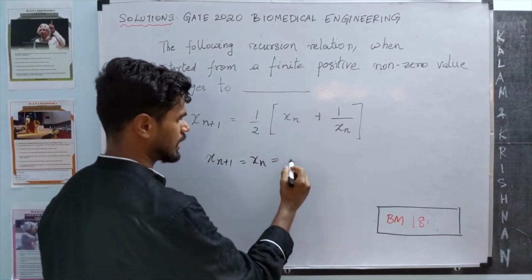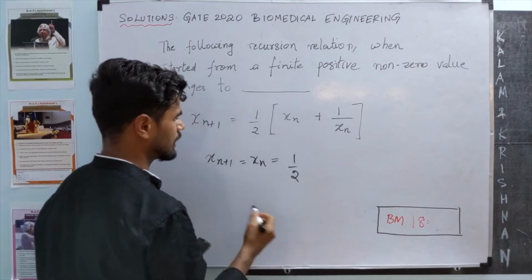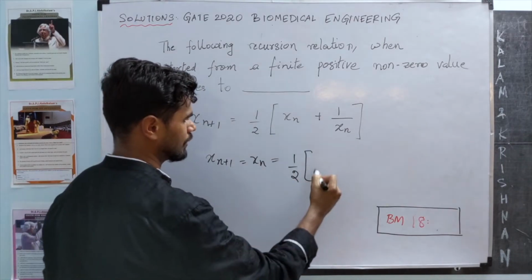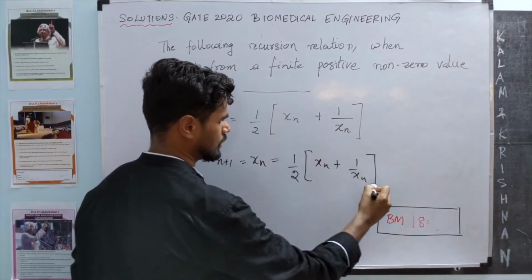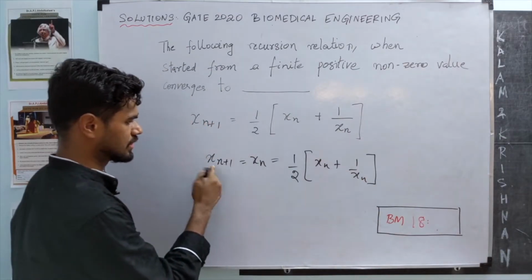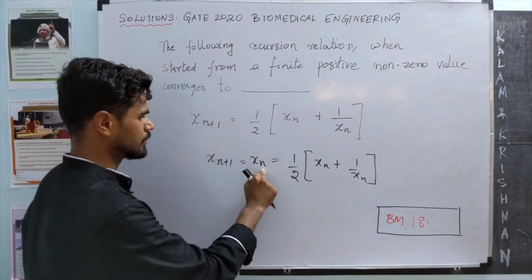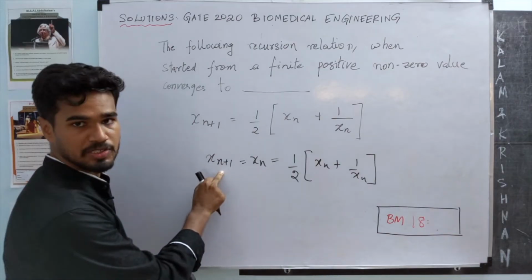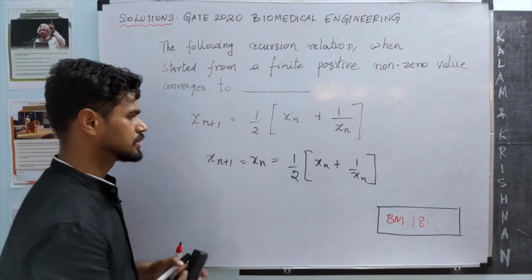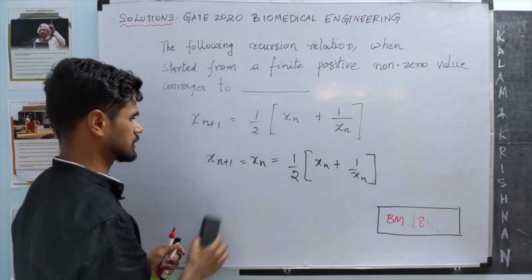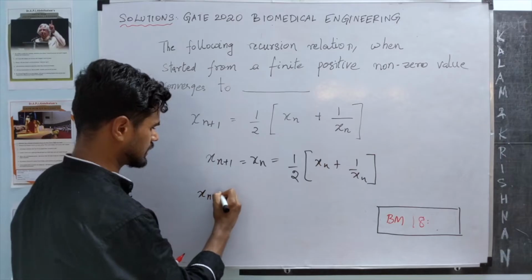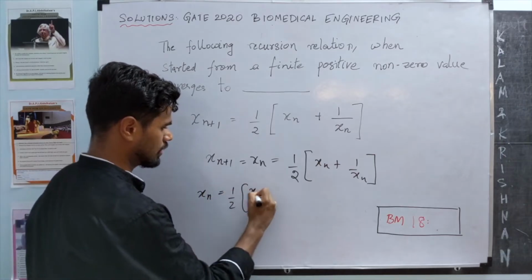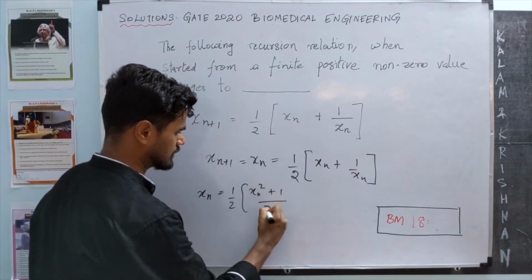Essentially, when things converge, the old value remains the same as the new value. Using this, just solve for xn. This implies xn is half of xn plus 1 by xn.